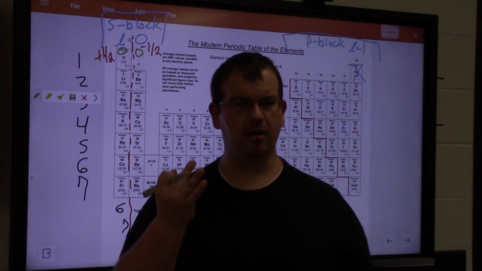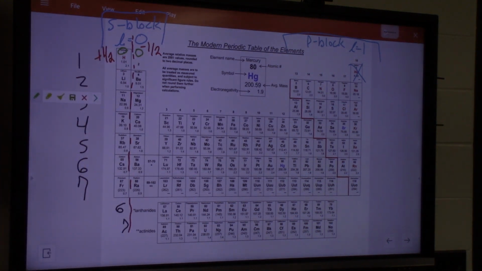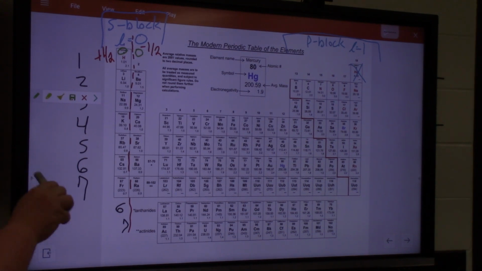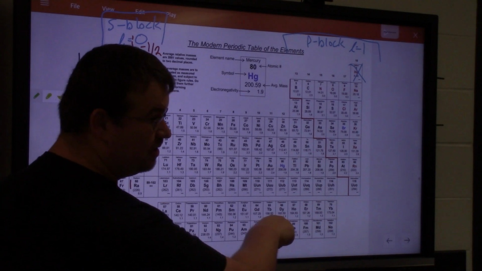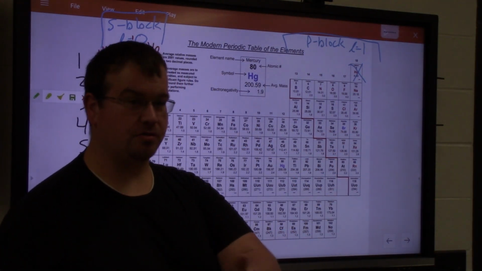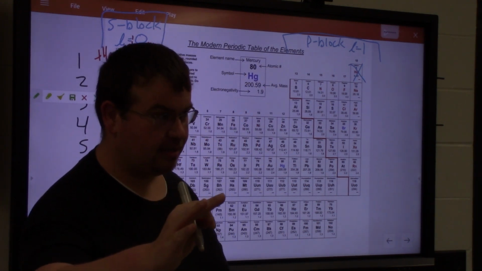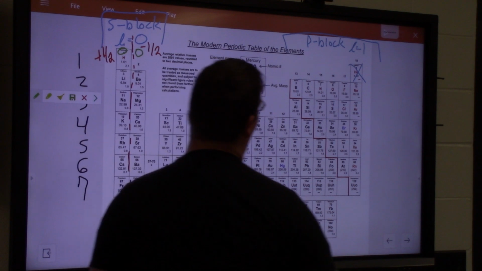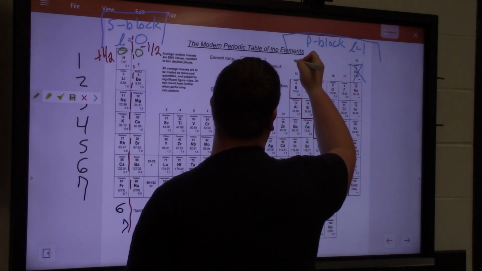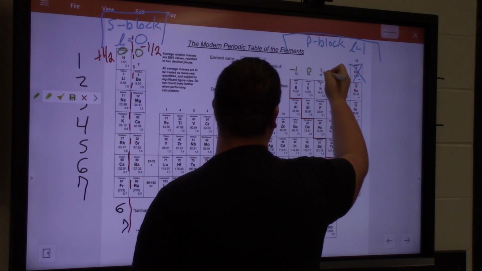What was the third rule that we used when it came to electron configurations? 1 electron in each orbital of the equal energy levels and the equal subshells. Each orbital gets one electron before it gets a second one. You have to keep that in mind, because column 13 is a negative 1. Column 14 is a 0. Column 15 is a 1.